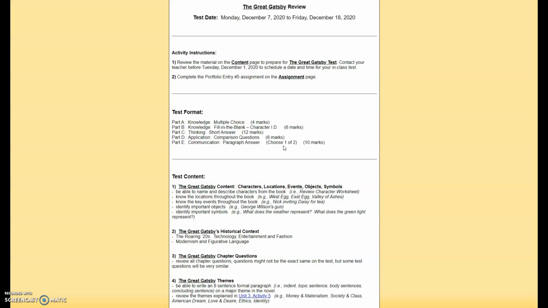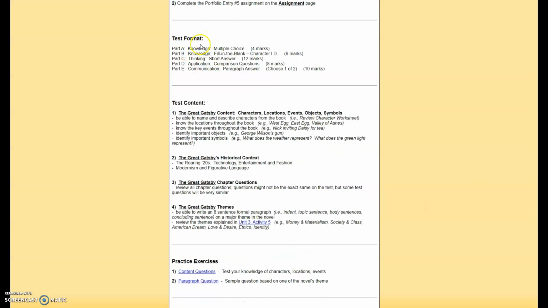If you go back to Unit 3, Activity 5, it covers the different themes in the novel. I will take 2 of those themes, turn them into questions, and you'll have to write a paragraph answering that theme question. Again, I'll give you an example, and you actually have an example in the practice questions down below. So that's what the test will look like.